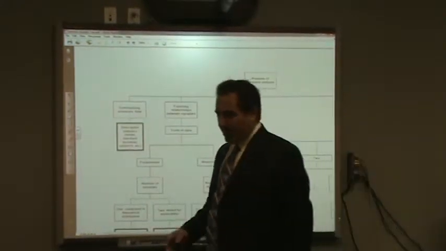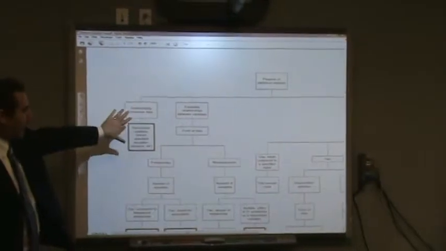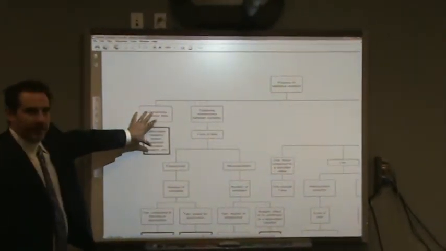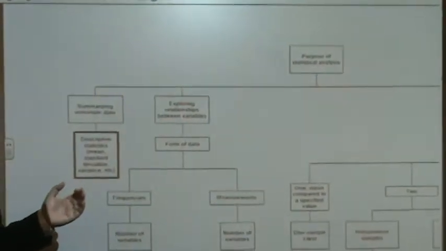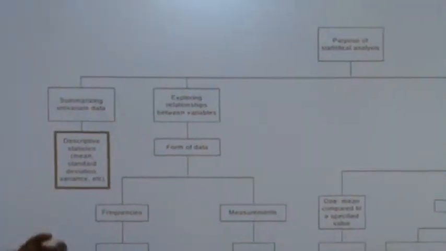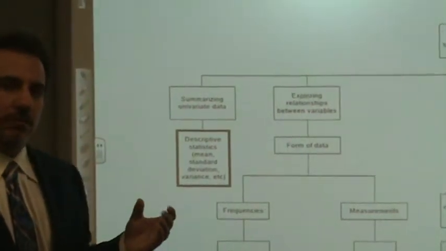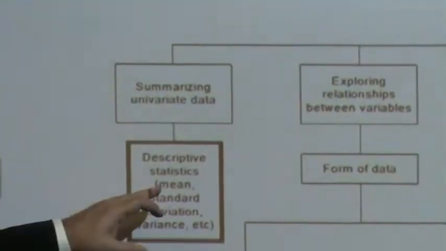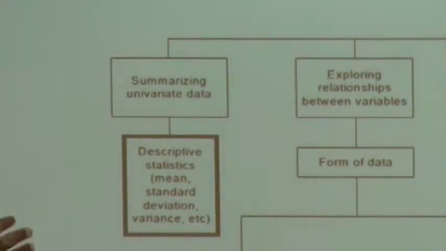So I'm going to start with summarizing univariate data, and if you would, just zoom in so that you get this area right here. Now, remember that univariate means that you have one variable, and when you're just trying to summarize data, the kinds of things that you find are descriptive statistics.